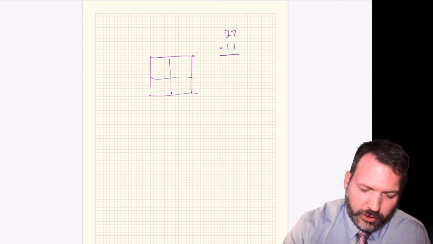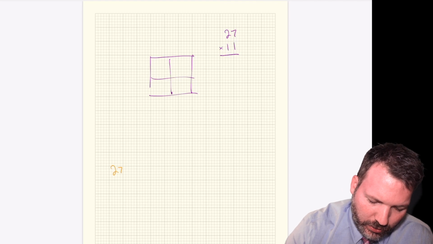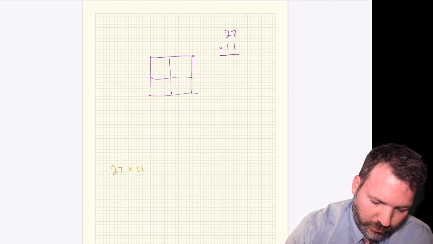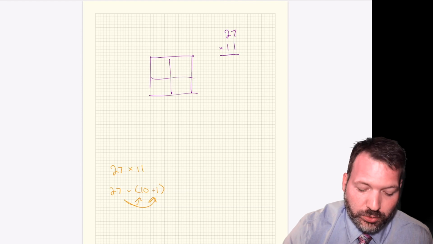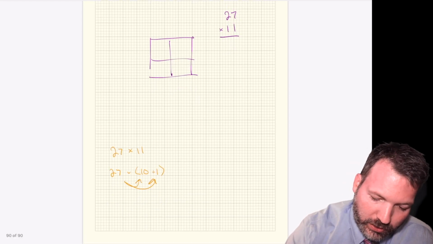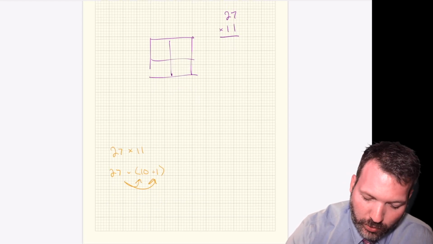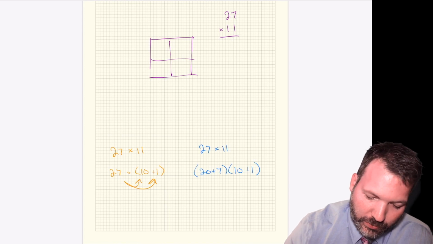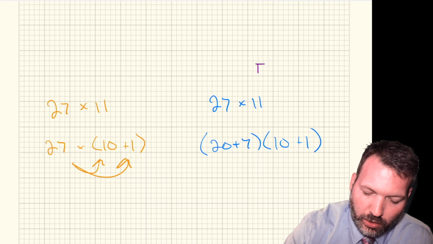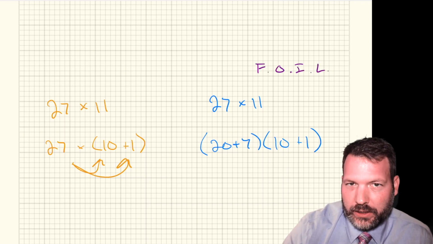One way to approach it is to do what we did the other day. 27 times 11 is the same thing as 27 times 10 plus 1. And this would be considered a single distribution, right? Because I'm only distributing to one term. But another way to consider it, and this is what we were looking at last week, is to do 20 plus 7 times 10 plus 1. Something called FOIL. First, outside, inside, last.